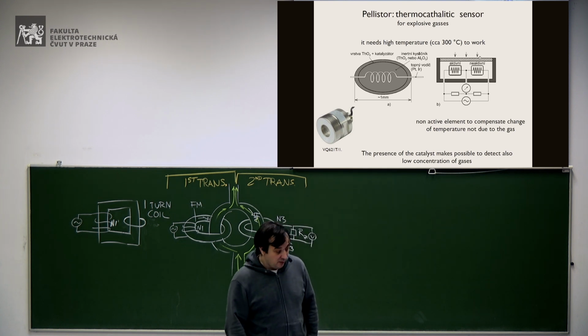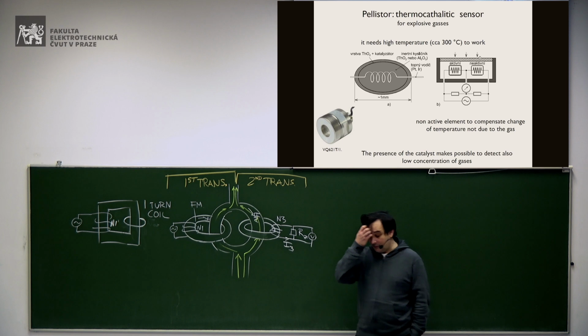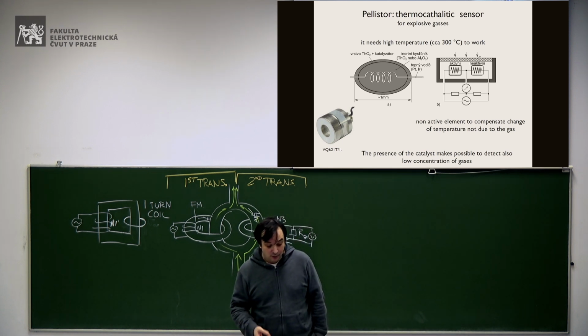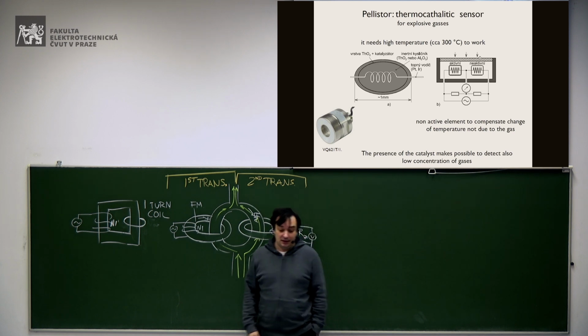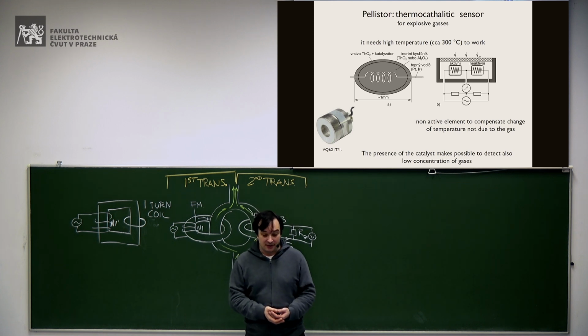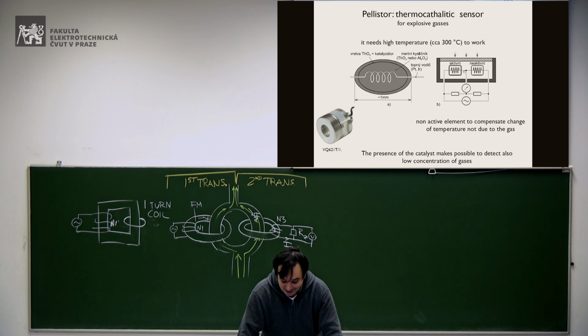Because we want, of course, to measure also small quantities of gas, and therefore we promote the reaction of the gas by having a catalyst inside the sensor. Maybe I forgot to finish the discussion here.